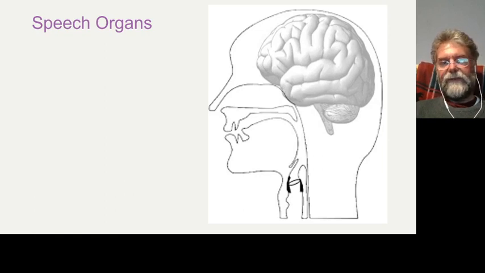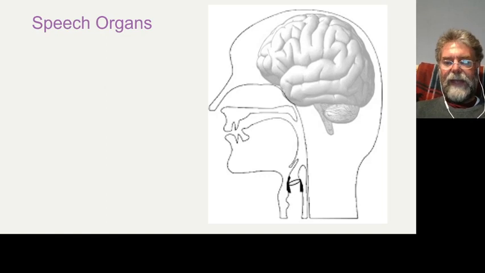We can see this through the fact that if people suffer brain damage from one source or another, say some sort of stroke or an accident, and it's in a particular area, it tends to affect our language, but it depends which area as to what aspect of language gets affected.